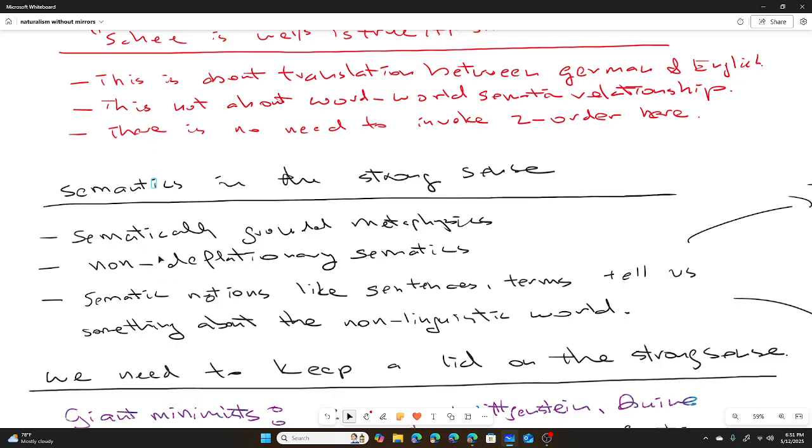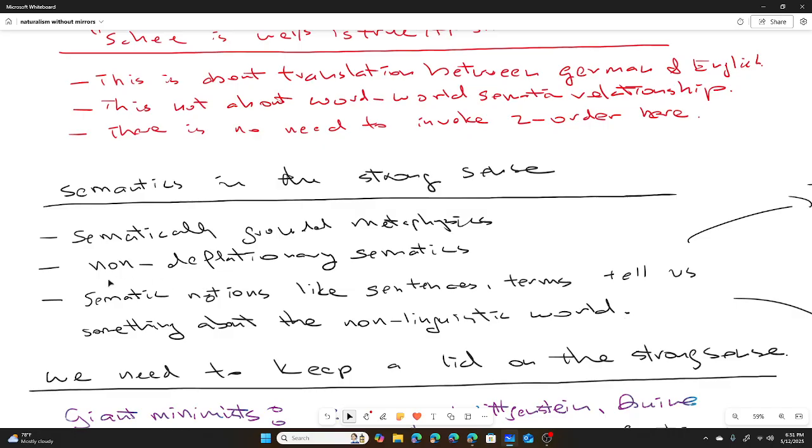So in this strong sense, semantics is grounded in metaphysics, right? And it's fundamentally non-deflationary semantics, right? Non-deflationary is the opposite of deflationary, right?